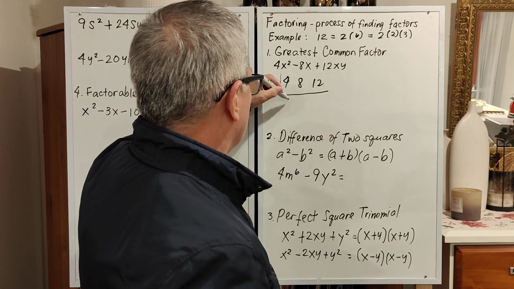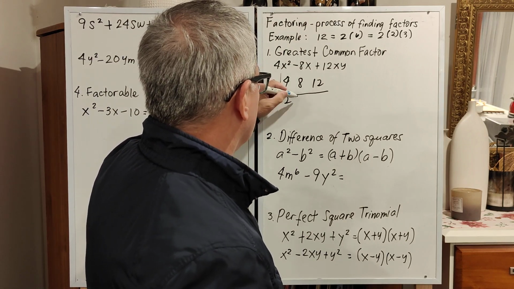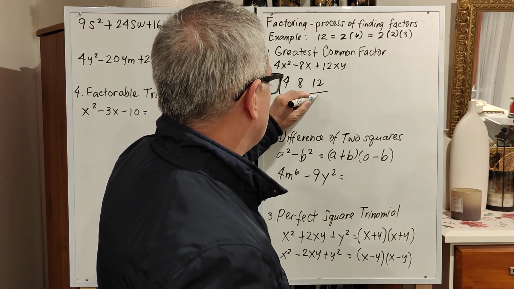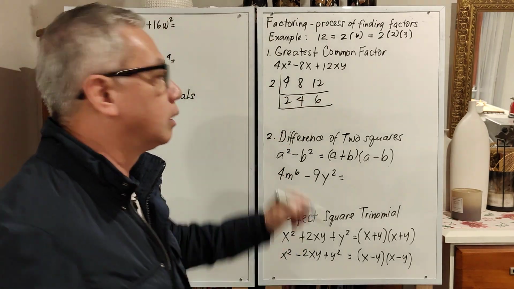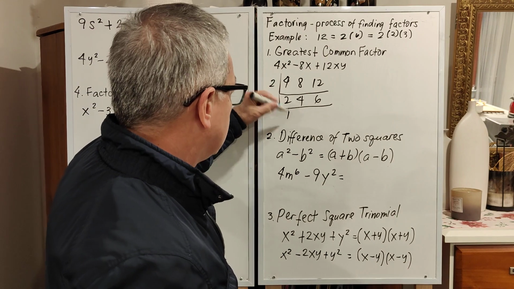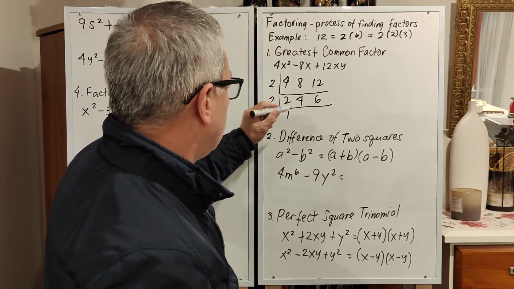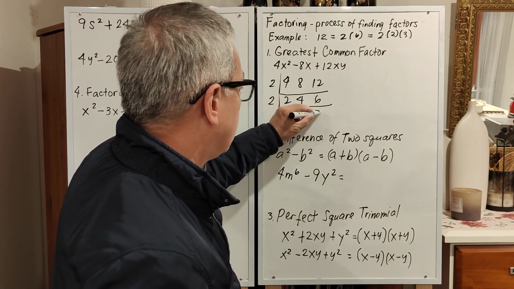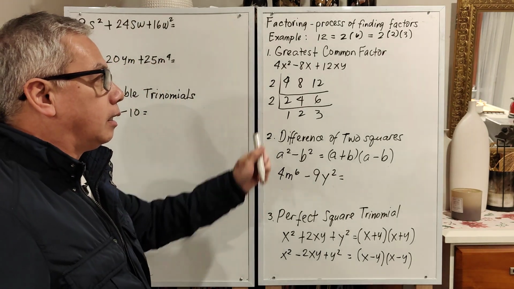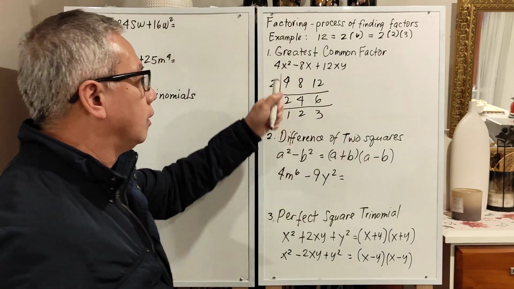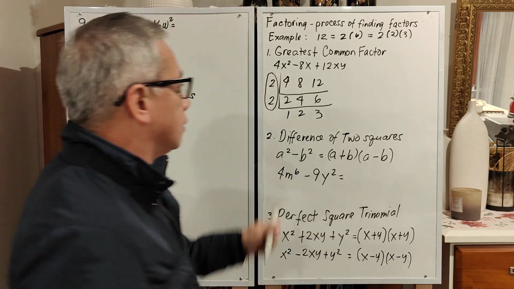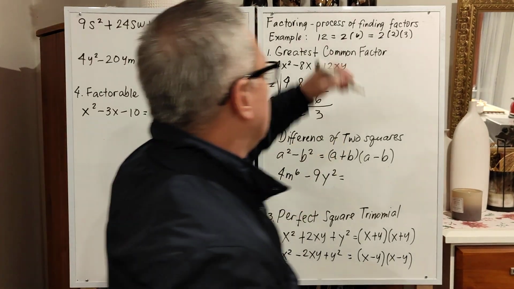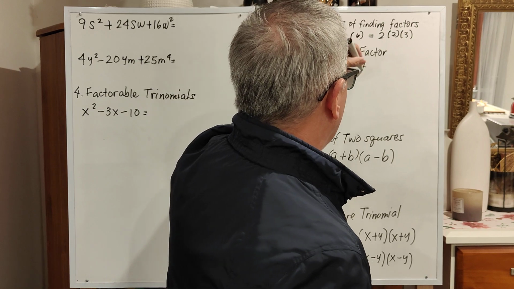So 4 divided by 2 is 2, 8 divided by 2 is 4, and 12 divided by 2 is 6. These can still be divisible by 2, so this becomes 2, 1, 2, and 3. Now the greatest common factor, using the math sheet, will be the ones on the left. So the greatest common factor is 4.